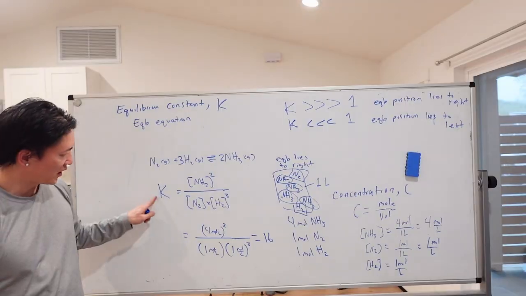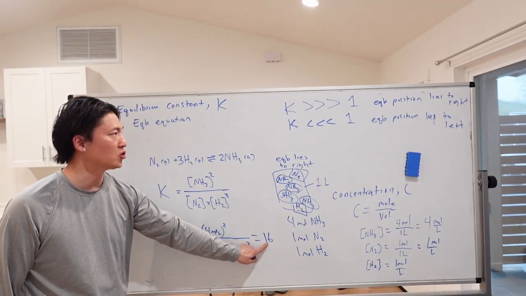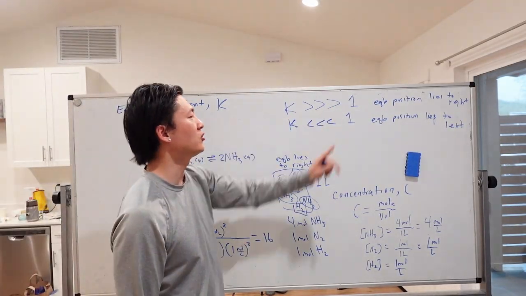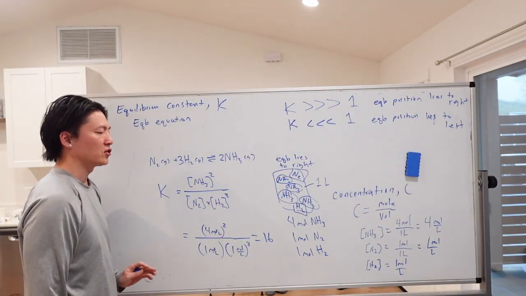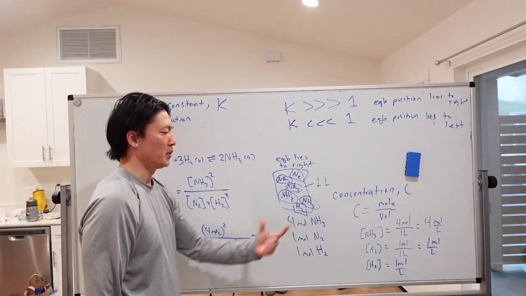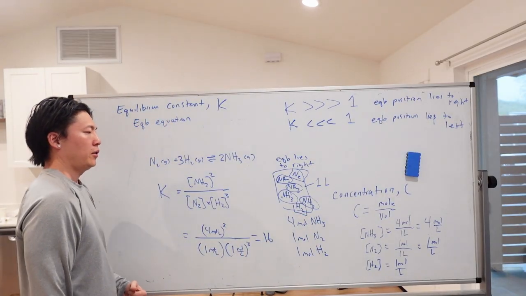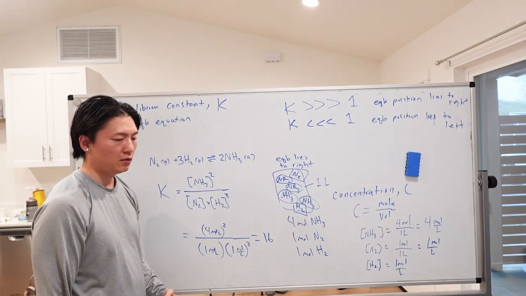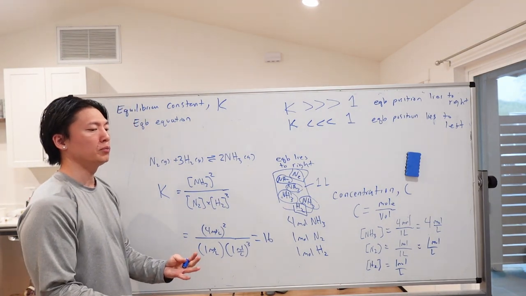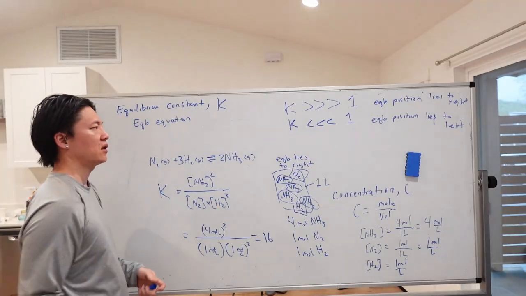In this case here, you can see that K is 16. It is a little bit larger than 1, meaning that there are more products in the equilibrium mixture. So, just by knowing the size of K, you can know if the equilibrium position is on the left side or the right side.